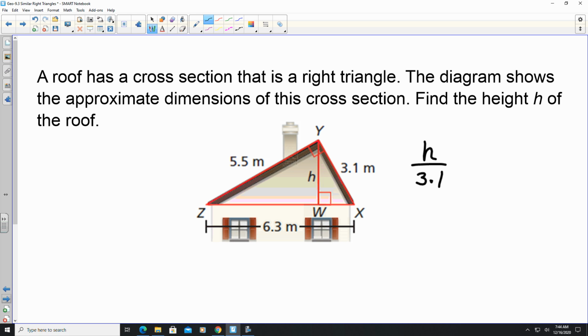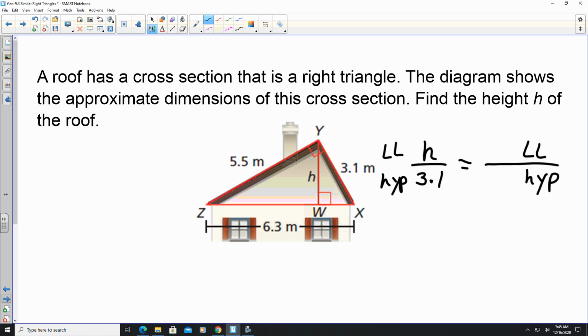Now, H with respect to the small triangle is the long leg, and 3.1 with respect to the small triangle is the hypotenuse. So when I set up the proportion, when I look at the large triangle, I need to put long leg and hypotenuse in that corresponding order. I mean, you could have had it flipped for sure, but this is just how I set it up.